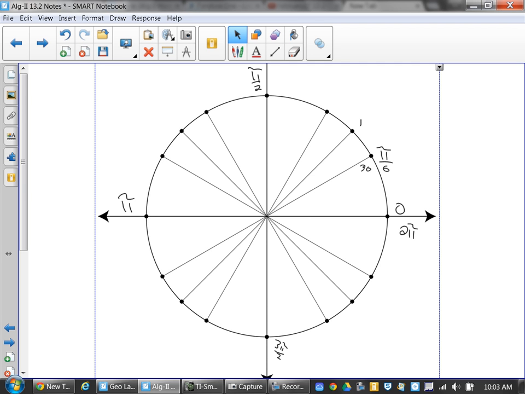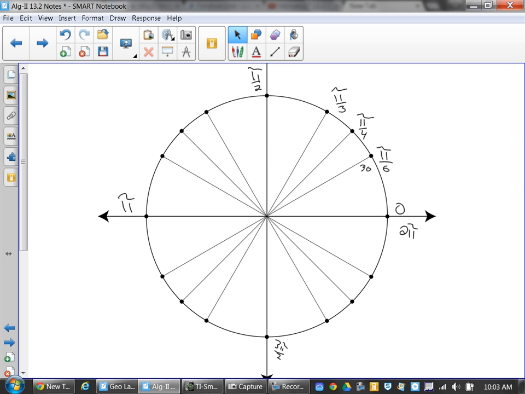So that's where you get pi over 4. And then if I do 60 degrees, I get 60 pi over 180, which is pi over 3. Use the formula: multiply by pi, divide by 180.